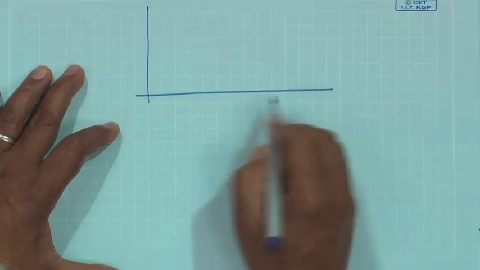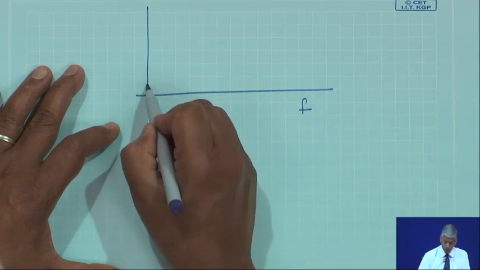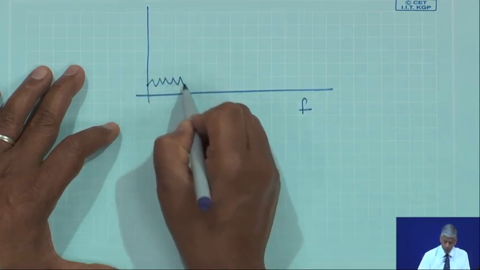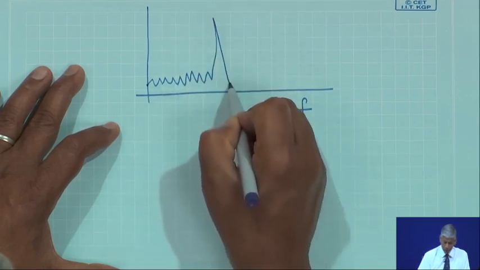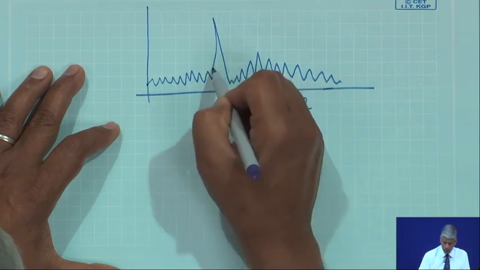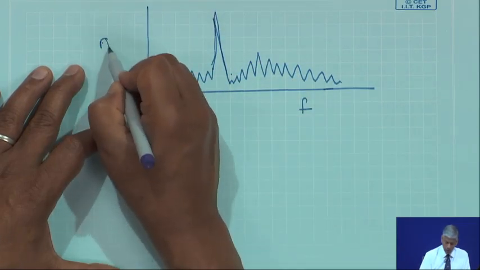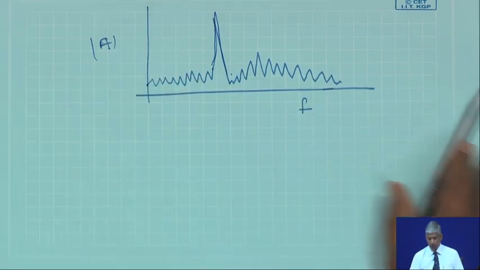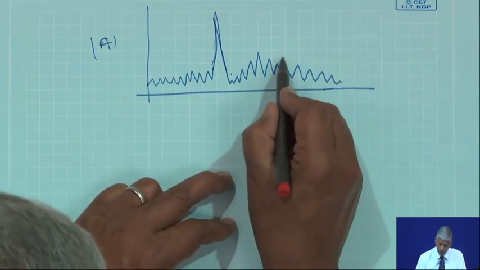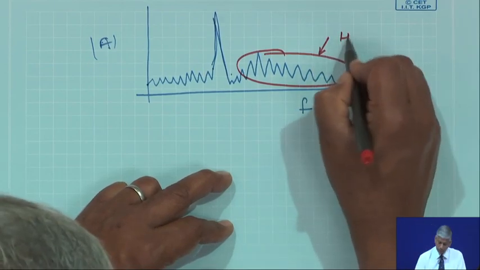just to recollect, in the FFT, suppose in a signal I have some amplitude. I have, as you can see in the frequency spectrum, these are all high frequency signal.